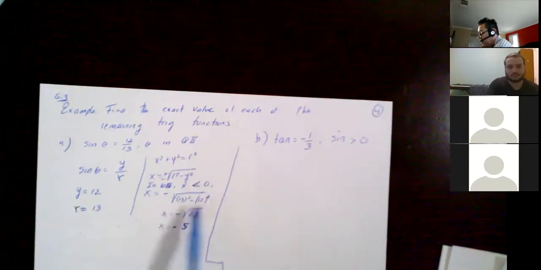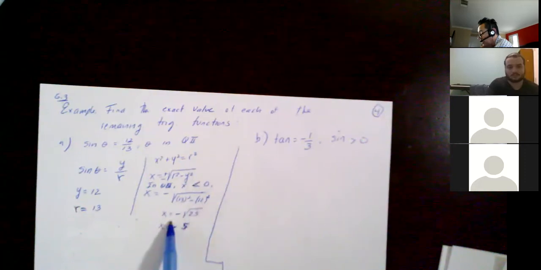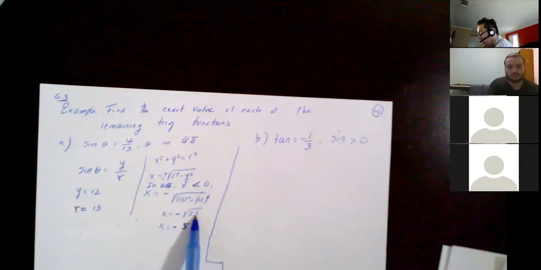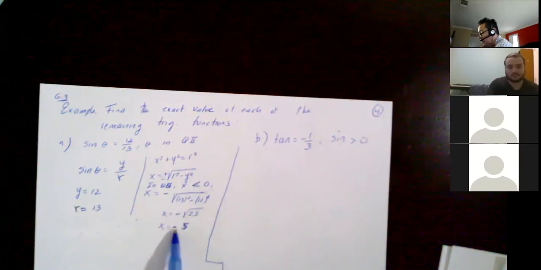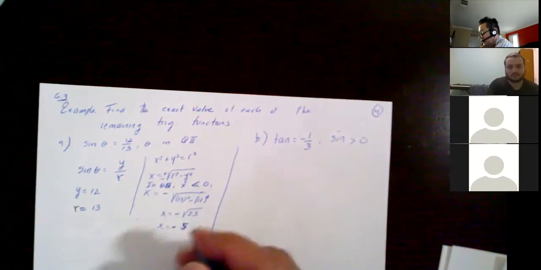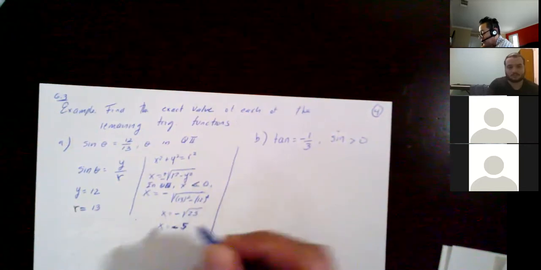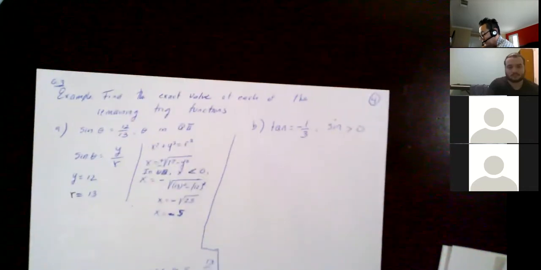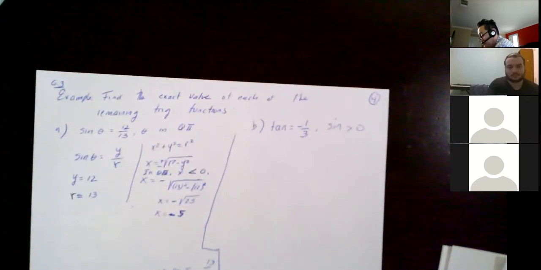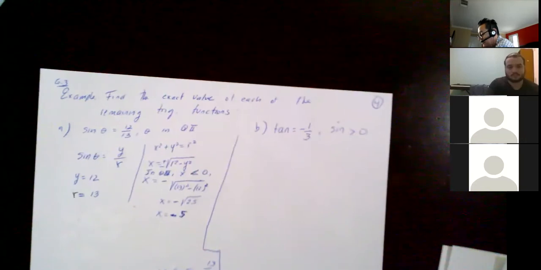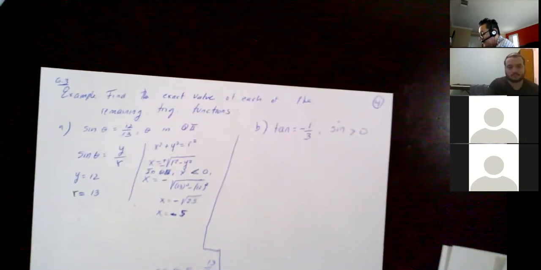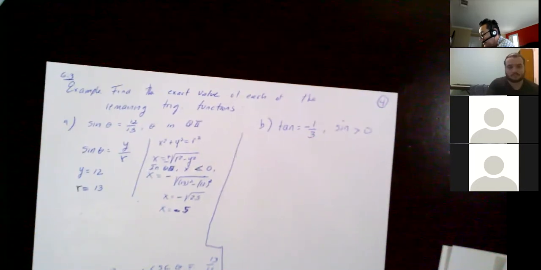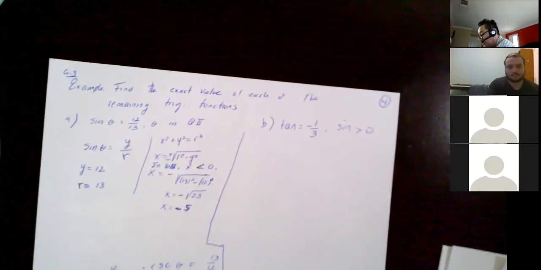Now we do the math, we plug in the 13 and the 12. x is equal to negative square root of 25, so x happens to be negative 5, right? Now we have the three values we need to find the other trig functions. Sine is given. From the sine, I can find the cosecant, which is the reciprocal of the sine. Now I can find the cosine.